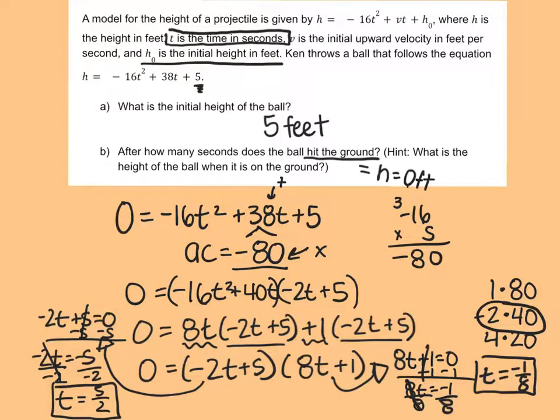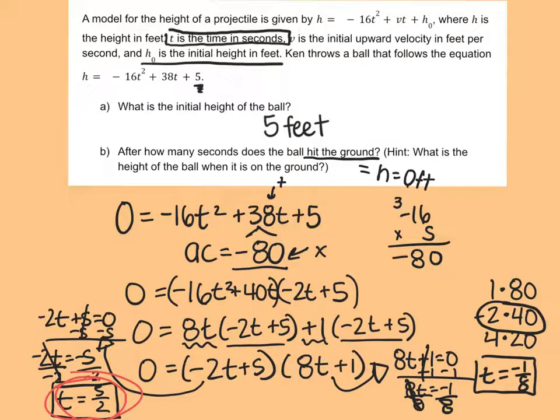If we're talking about seconds, does it make sense to have negative 1/8 seconds? Could we go back in time throwing a ball? No, it doesn't really make sense for this. So in this case, only the positive one is the only one that makes sense. So that's going to be our answer for this question.